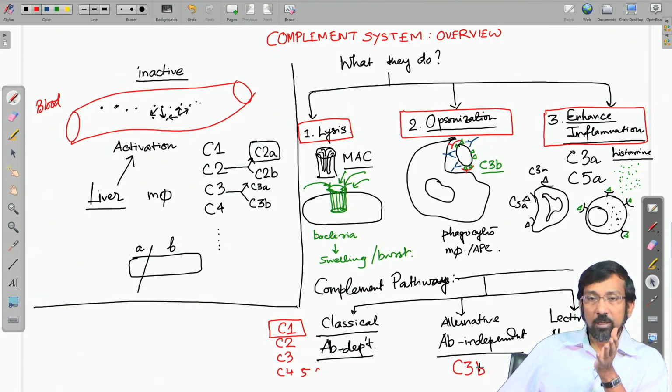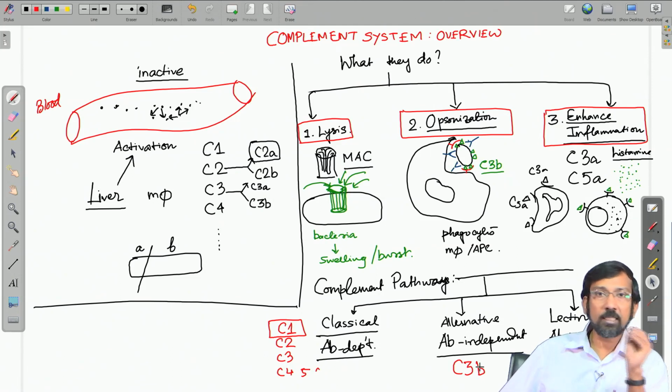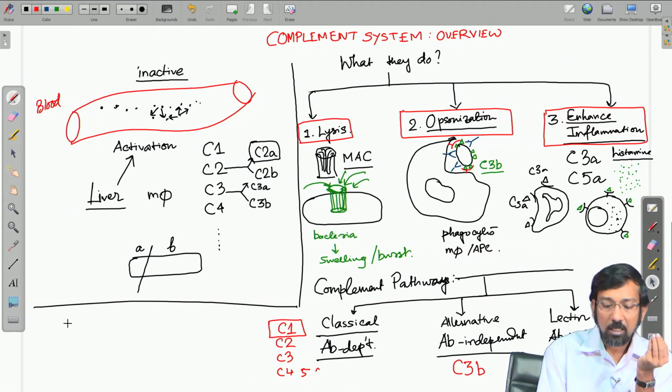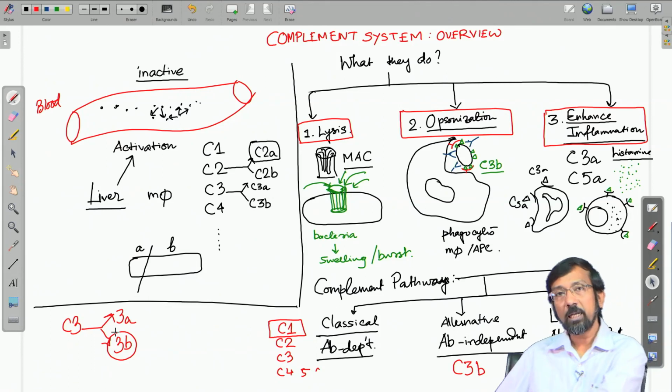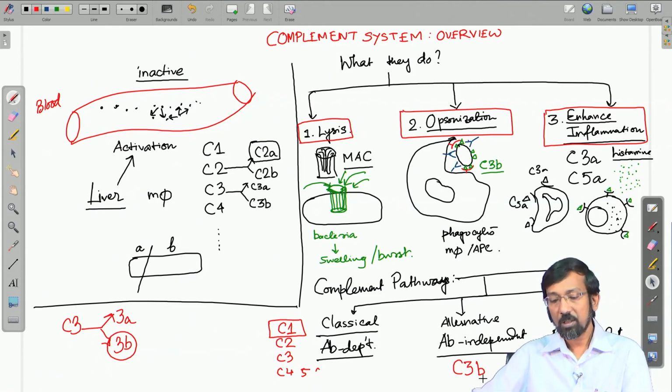The alternative pathway can start in two ways. Either there is some spontaneous breakdown of the C3 into C3a and C3b, and if this C3b is available, then the alternative pathway will start.